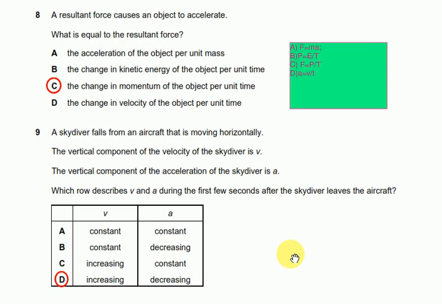During the first few seconds, the velocity would increase, and after that it would level off. And acceleration would initially decrease, and after that it would become 0, because the object would attain terminal velocity. So D is the appropriate answer.